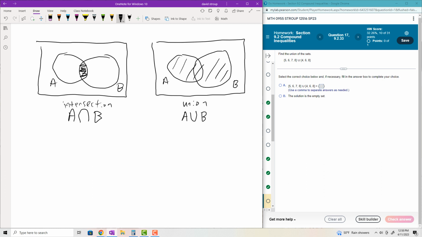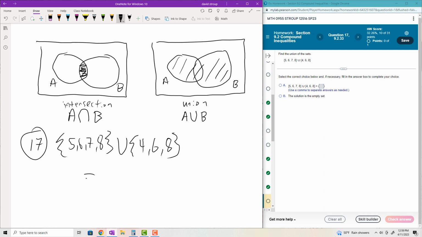Okay? So for instance number 17, we have the set 5, 6, 7, 8. And then we have the set 4, 6, 8. So the union is any number that's in either one of them, right? So it's in the first, A, or it's in B, or it's in both. And you don't have to repeat numbers, right? So 4 is in the second one, so we include that. 6 is in both of them.